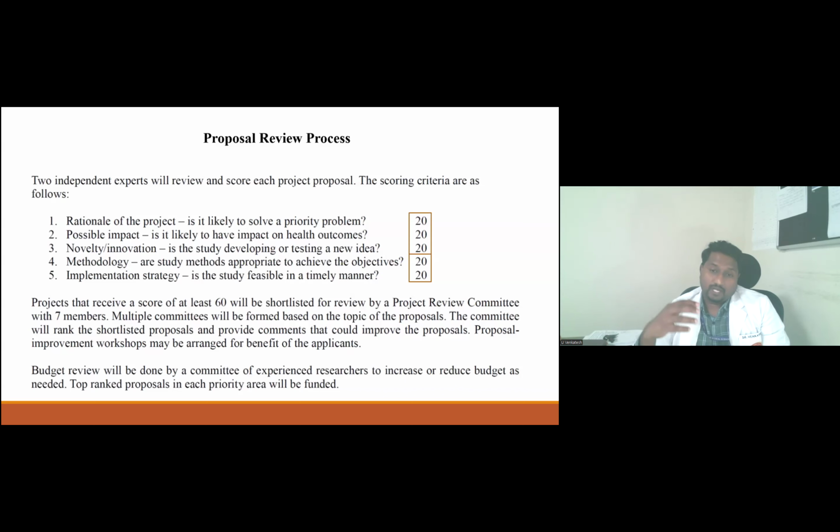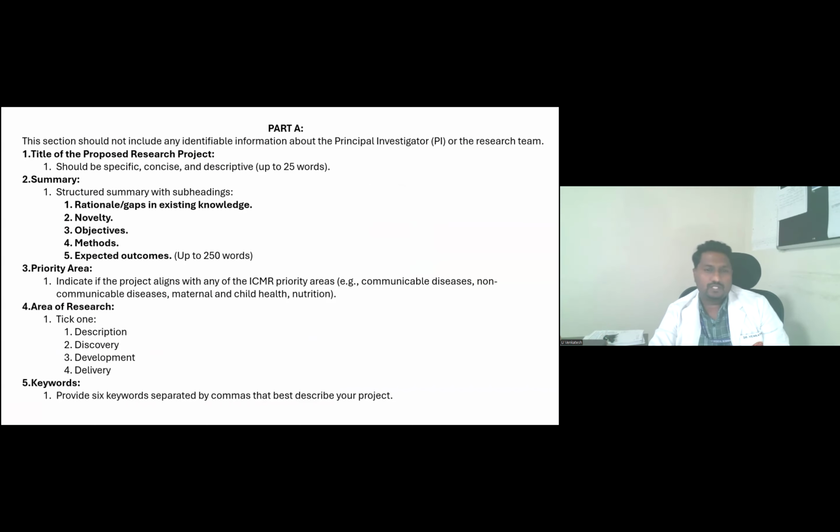So writing a proposal for a non-funded study, or if you are trying for a funded project, it is relatively a little different. The research format may change. If you look at the research format of ICMR, the majority of things are the same. You need to take care of word limits.